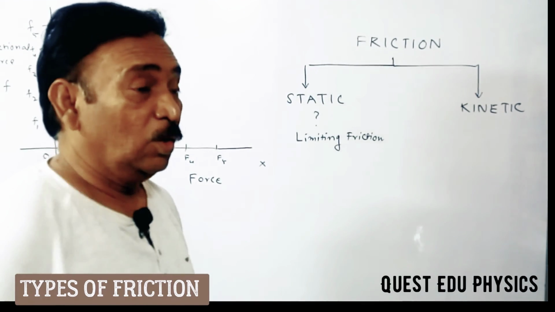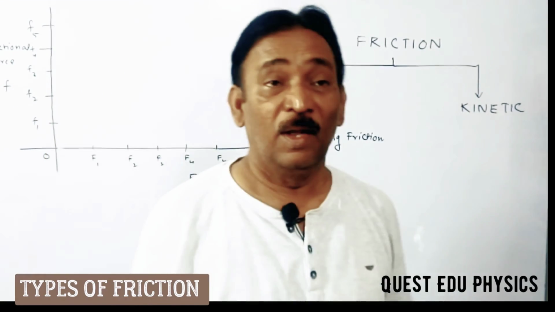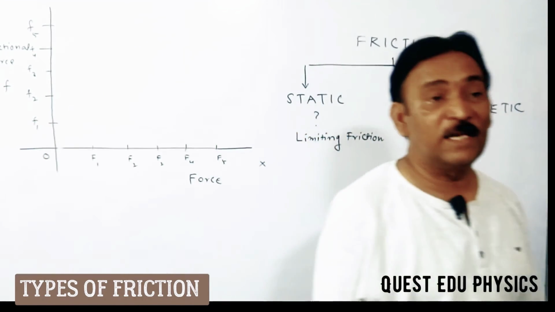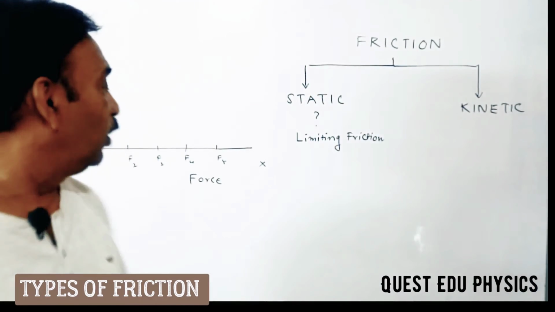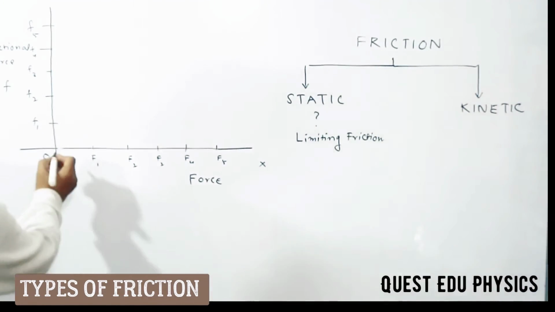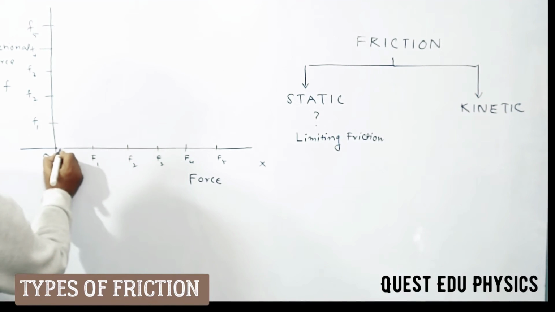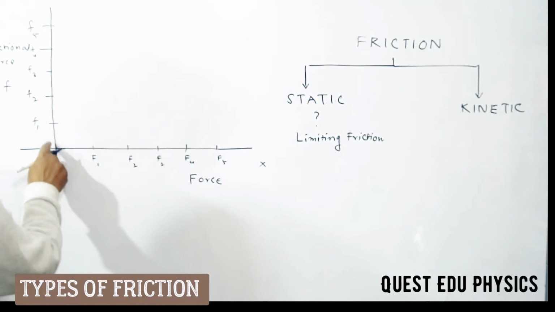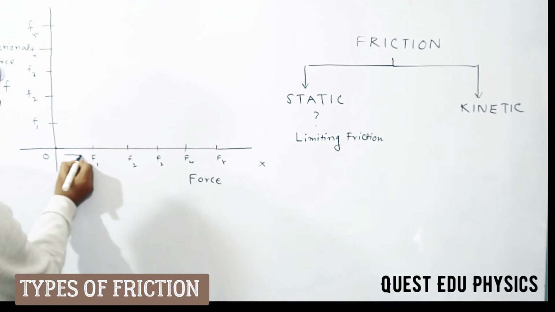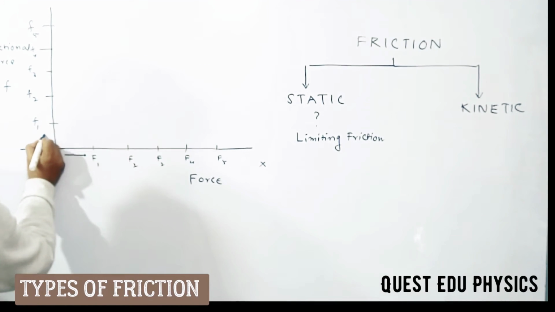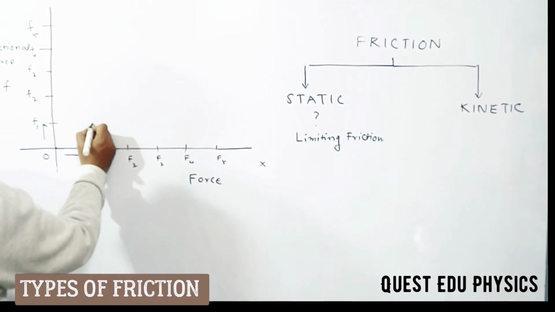I said no frictional force will develop when a body is resting over another body. That means initially, the applied force and frictional force are 0. Then the force is increased to F2, and automatically the frictional force increases.